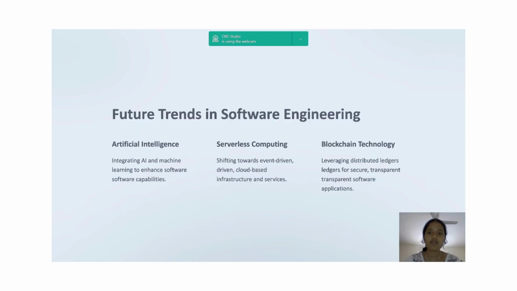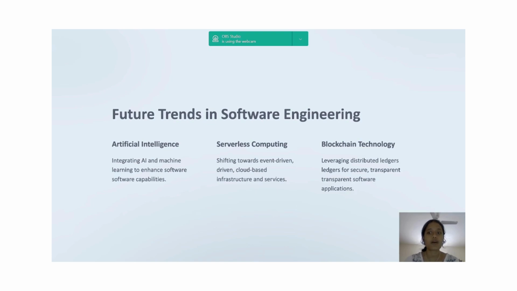So now moving on, let us see the future trends in software engineering. Future trends will include artificial intelligence. Artificial intelligence and machine learning will enhance automation and any predictive analysis to be done. And then we have serverless computing, which means cloud-based infrastructure.